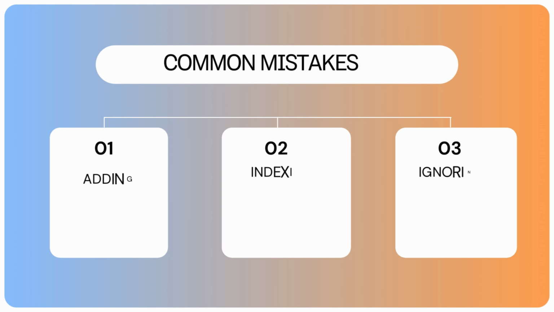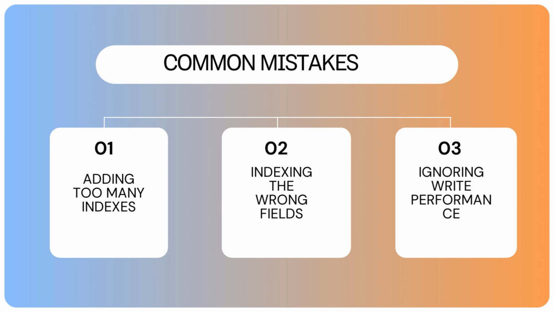Now, there are some common mistakes that most engineers find themselves making, and I'm going to list a few. One is adding too many indexes, indexing the wrong fields, and ignoring write performance, and this can lead to new performance problems.